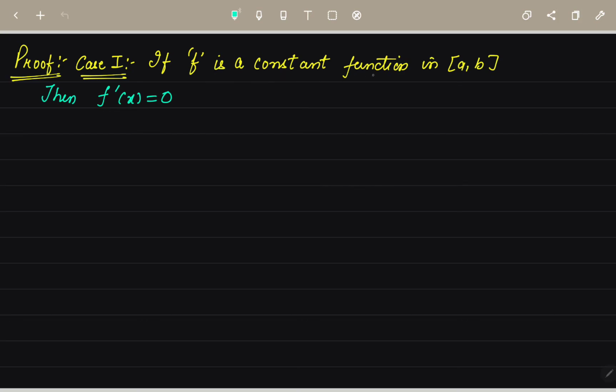If f is a constant function in the closed interval [a, b], this means that the derivative of the function is equal to 0, because we know that the derivative of a constant function is 0.